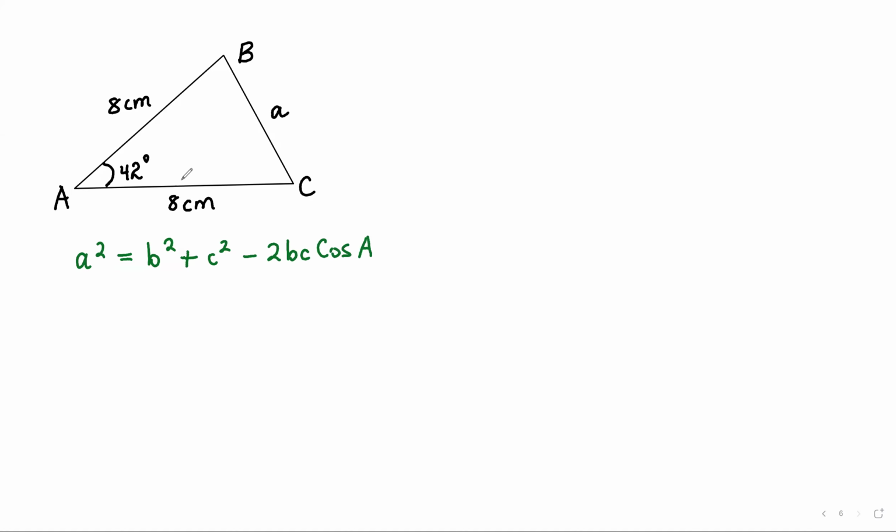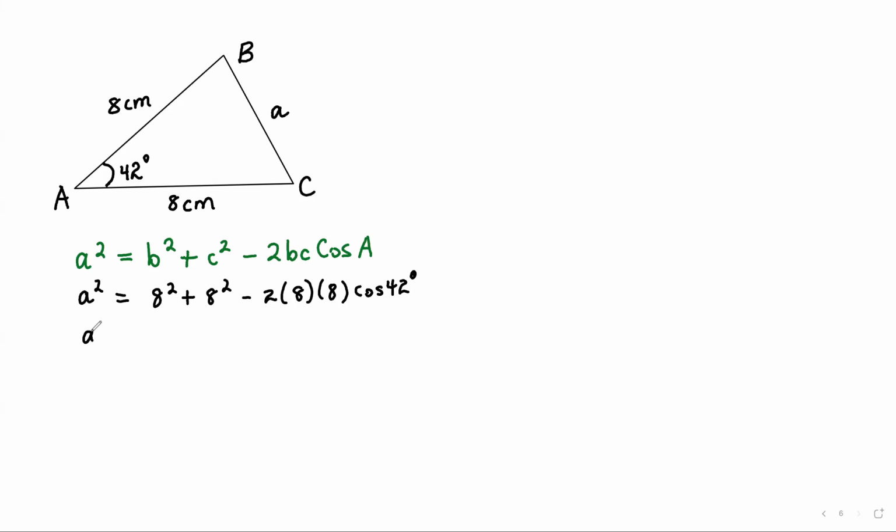So A squared is the side we don't know, so that's just going to remain as A squared. B is 8 and C is 8, so this will be 8 squared plus 8 squared minus 2 times 8 times 8 times cos of 42 degrees.